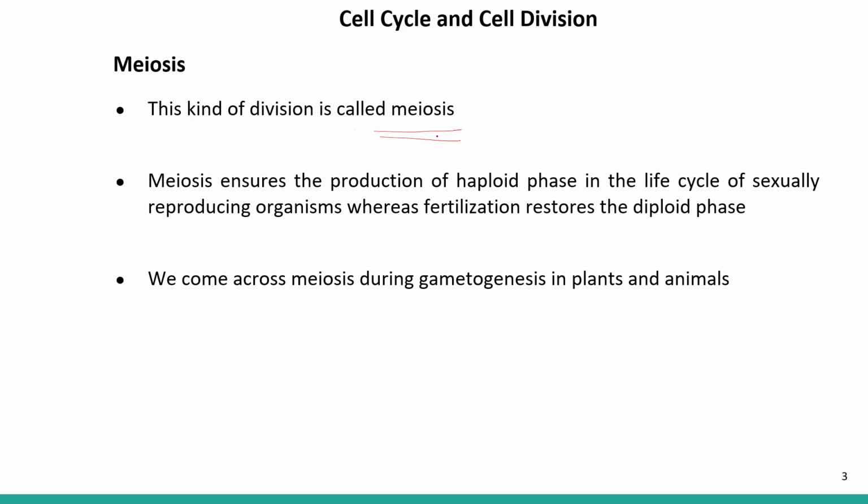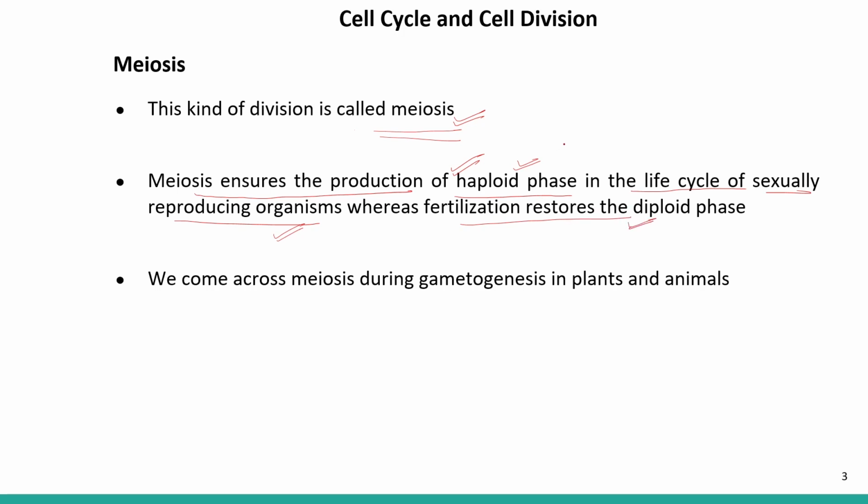We have discussed mitosis, and meiosis is not as simple as mitosis. Meiosis ensures the production of the haploid phase in the life cycle of sexually reproducing organisms. It is a type of cell division that ensures the haploid phase and forms gametes. In the life cycle, the sexually reproducing organism undergoes this haploid phase, whereas fertilization restores the diploid phase.